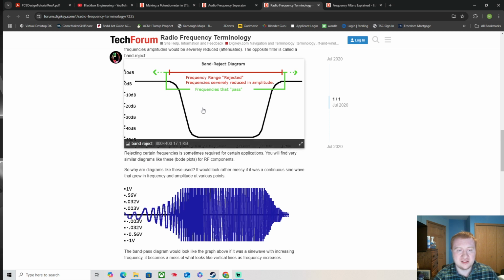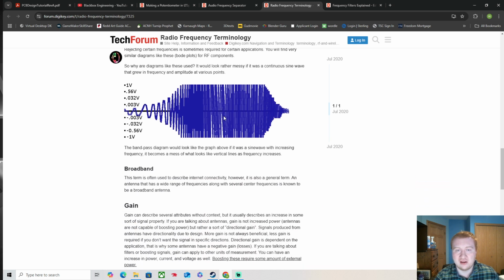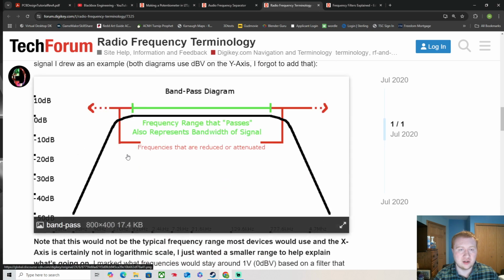You will find these diagrams very common in RF data sheets, but it can be kind of difficult for a layman to understand. It is a lot more messy if we were to describe a sine wave that did this kind of thing. To show you what that looks like, let me just zoom in here. So this is the same bandpass diagram as this one.